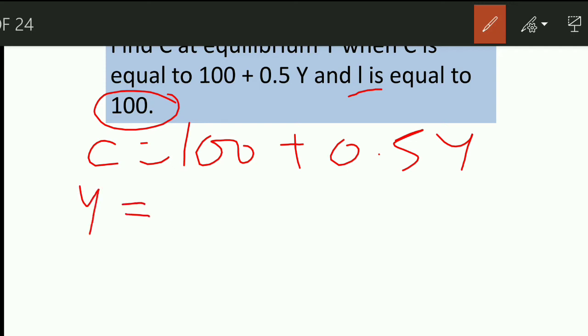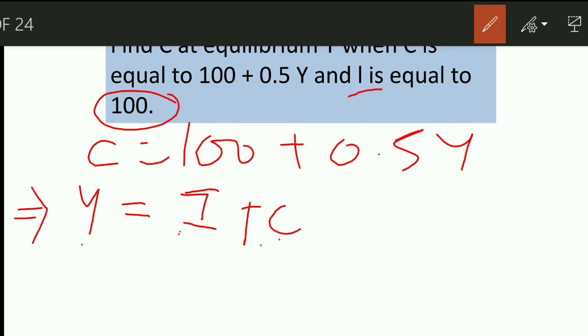Also, you know one more thing, that income is always equal to investment plus consumption, or you can say consumption plus saving, because at the point of equilibrium your aggregate demand is equal to aggregate supply, and aggregate supply is equal to income, and investment and consumption are the components of aggregate demand.